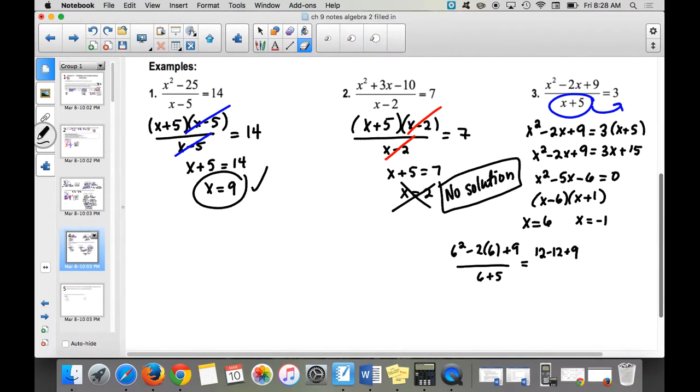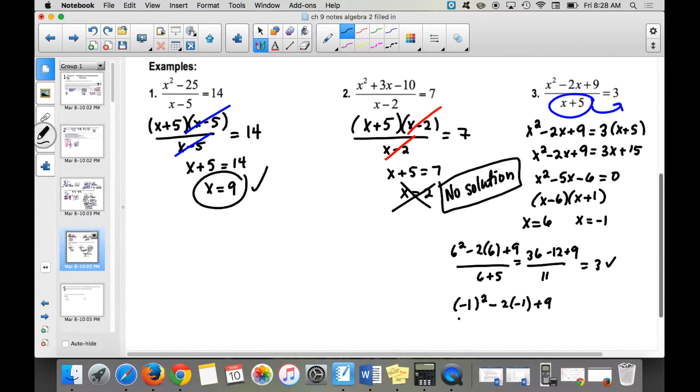Oh, I don't know why I did 12 there. 36. 6 does work. So it all equals 3. Okay, and negative 1 does work? It does. So you have negative 1 squared plus 2 times negative 1 plus 9, and it does all equal 3. So they both work. So sometimes you can have 2 answers that work.